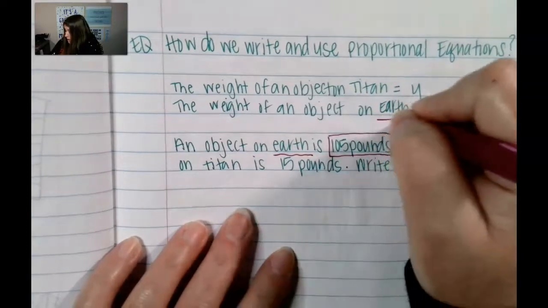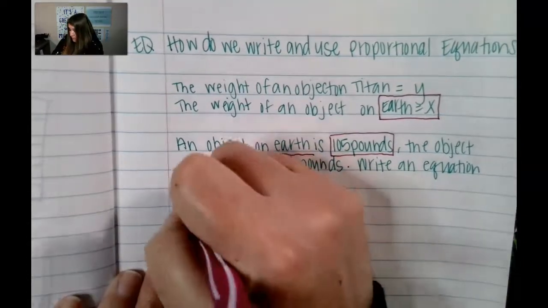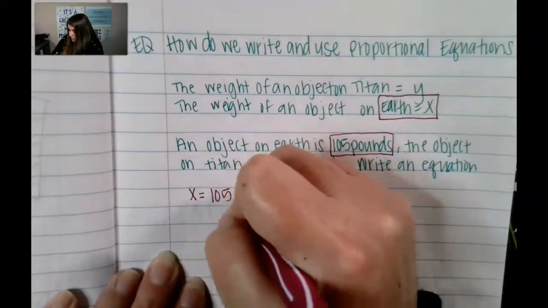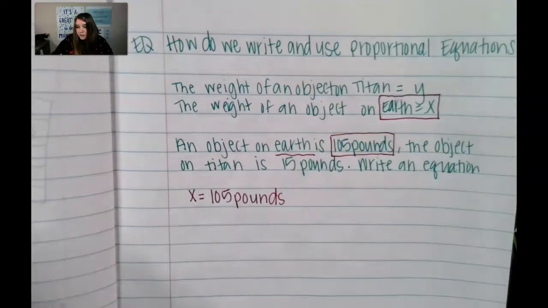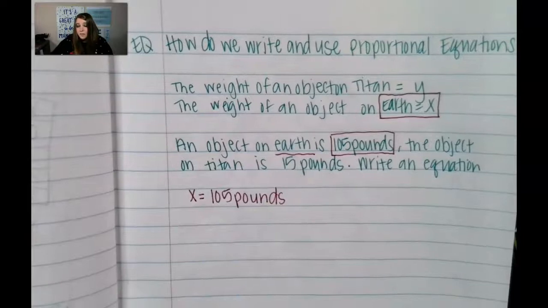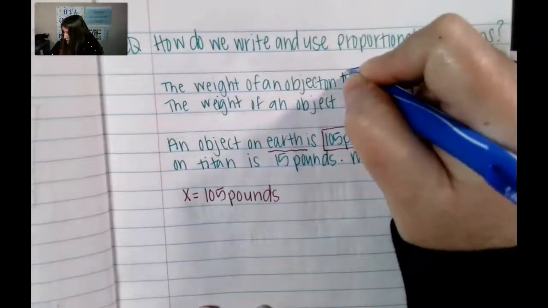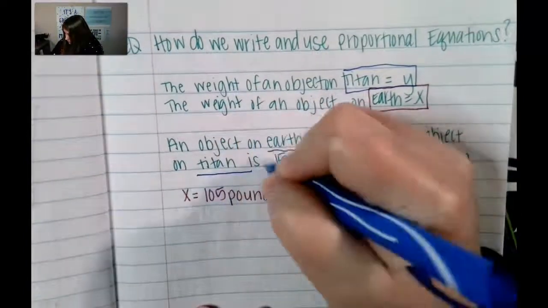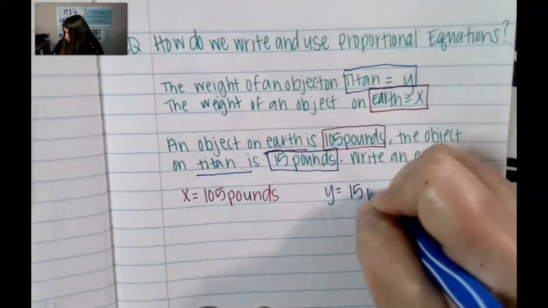We know then that Earth is going to be our X value, so X equals 105 pounds. The object on Titan is 15 pounds. Titan represents our Y value, so Y equals 15 pounds. We're just pulling this information out.